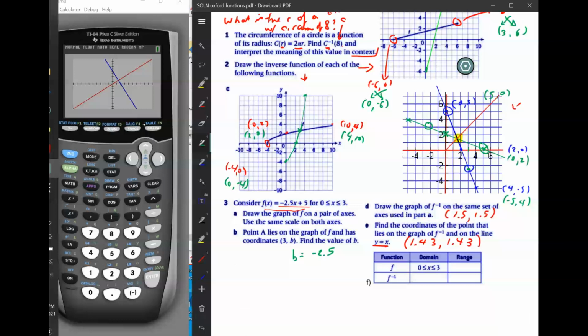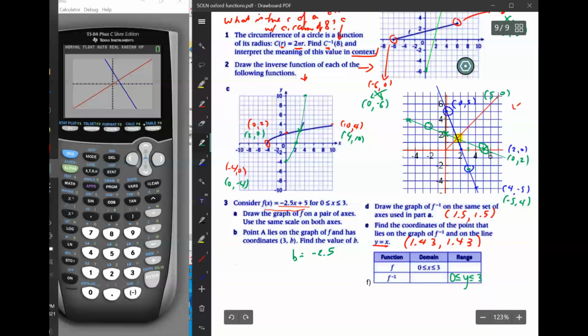All right, so the domain for the blue function is from 0 to 3. The range of the green function is also from 0 to 3 because it's the opposite, right? So I'm going to put 0 less than or equal to y less than or equal to 3.